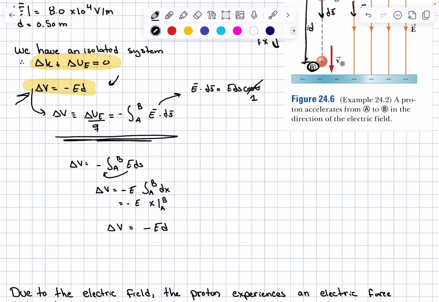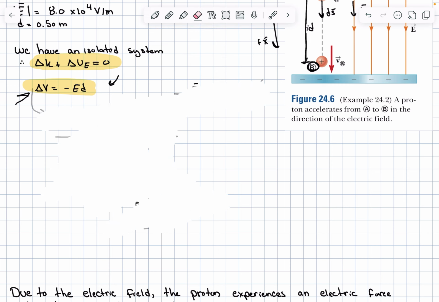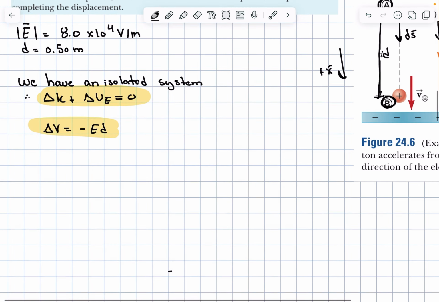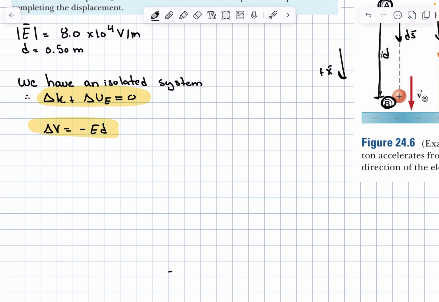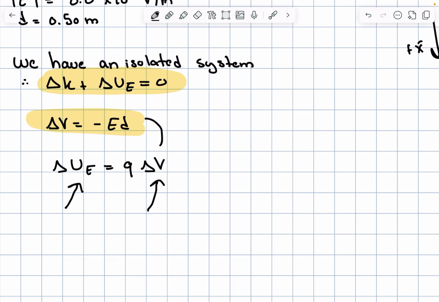So now we're going to combine everything we know to actually solve the problem. We can erase all of this for now and just concentrate on these equations, where we have this, and we also have the following equation. This is linking our change in potential energy to our change in potential, and we just insert delta V here.